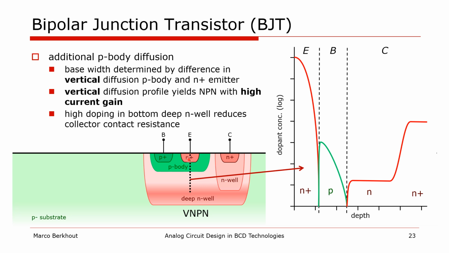The graph on the right shows the doping profile in the vertical direction along the dotted line, with a heavily doped n+ emitter, a moderately doped p-type base, and a lightly doped n-type collector, and this is exactly the profile needed to get a high current gain. The high doping at the bottom of the n-well helps to make a low ohmic connection to the collector contact at the surface.